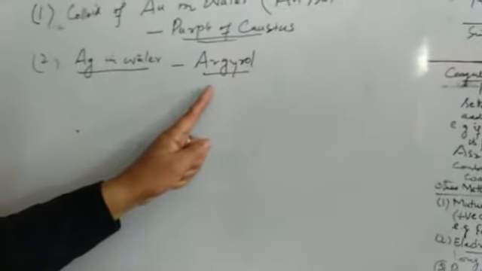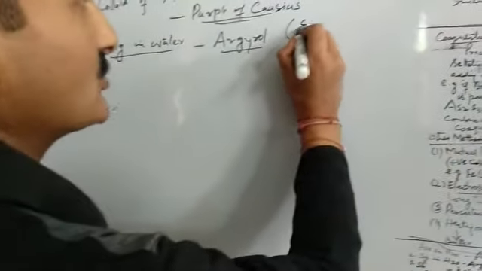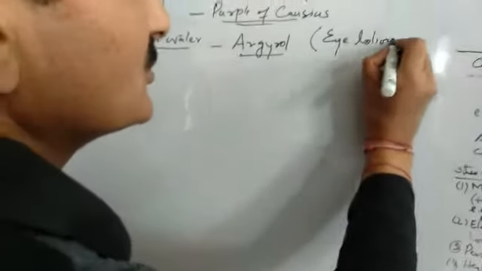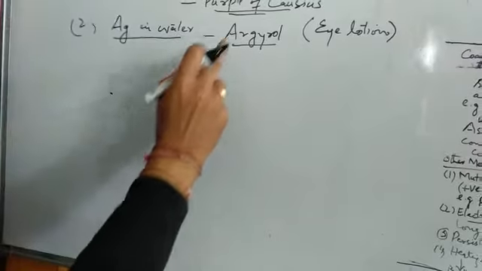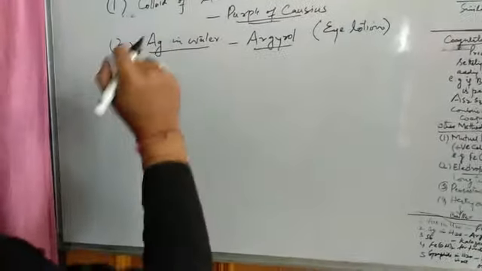Argyrol is a colloid of silver in water. This is a medicine, a drop which can be used as an eye lotion. So what is argyrol? Argyrol is a silver in water colloidal solution.